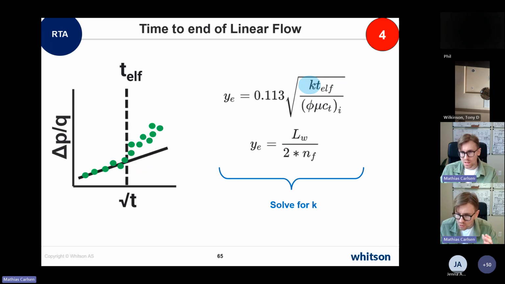And you'll see that you'll meet yourself very soon in the door if you put that into an Excel sheet and try to solve for those equations, because there's two equations and two unknowns. And when it comes to permeability and NF, that's two sides of the same story. So the only way to potentially increase your XF would be to change your contacted pore volume to a larger number.